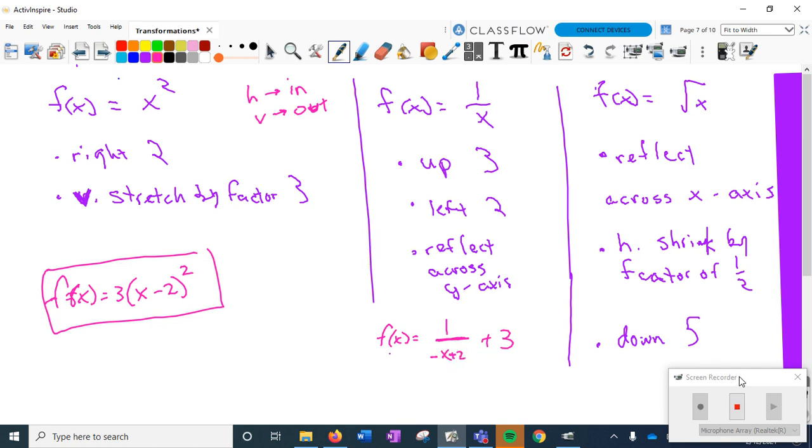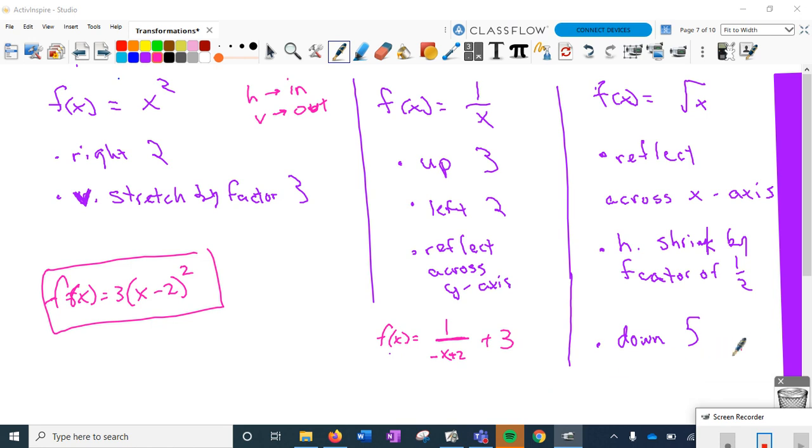Okay, couple more, and then we'll see if we can call it a day. All right, now I have a square root. Natural grouping symbol again. Okay, so I'm going to have my square root. Reflect across the x-axis. Okay, x-axis is a horizontal axis, so reflecting across it is going to be some type of vertical.